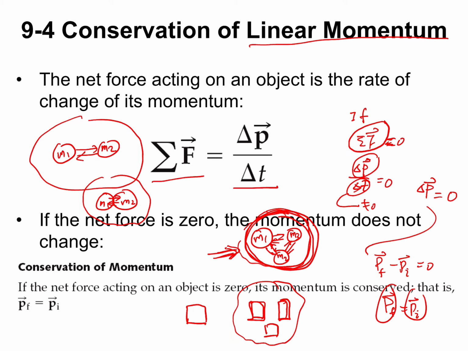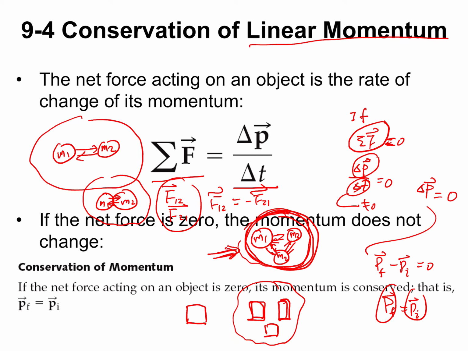We label these two forces F12 and F21. Those two forces have the same magnitude and opposite direction, because F12 equals negative F21. This is a Newton's third law pair.